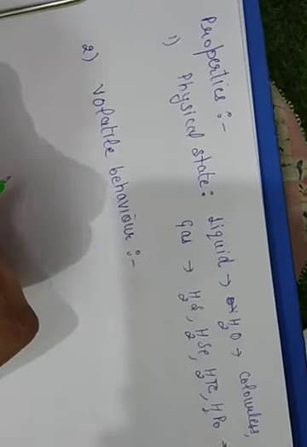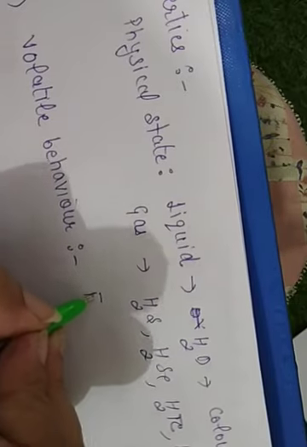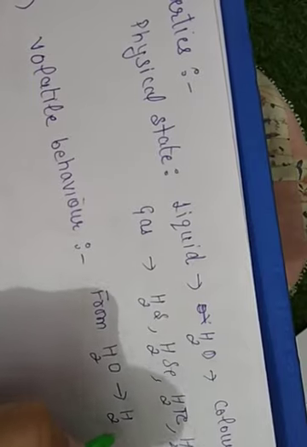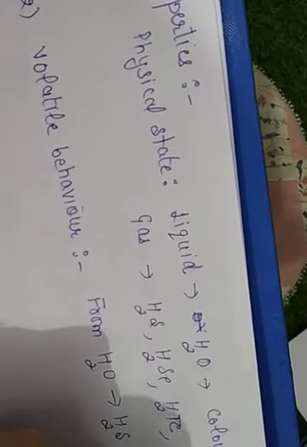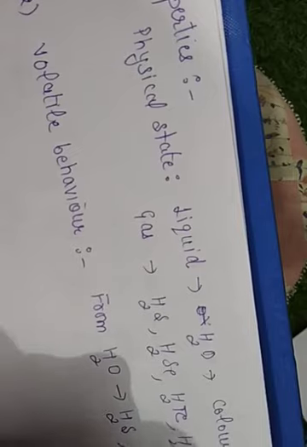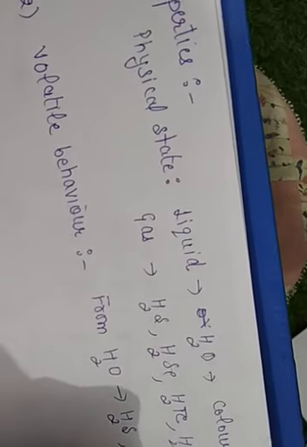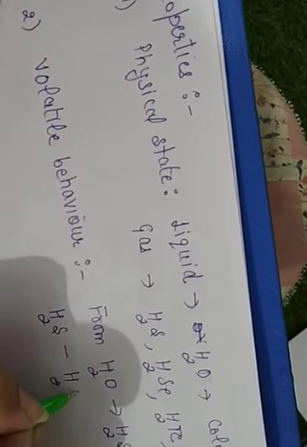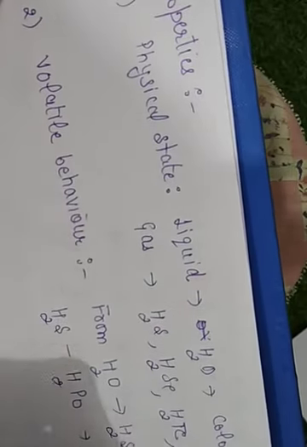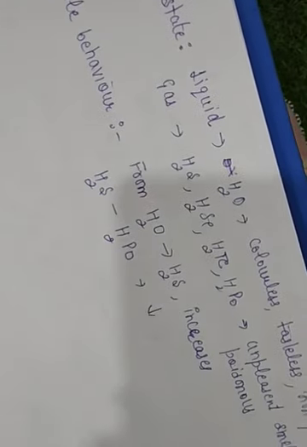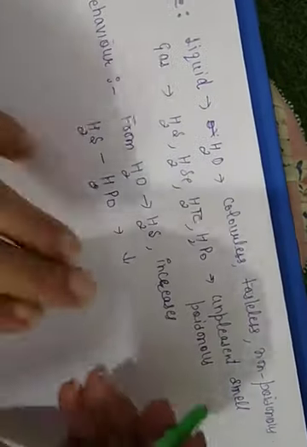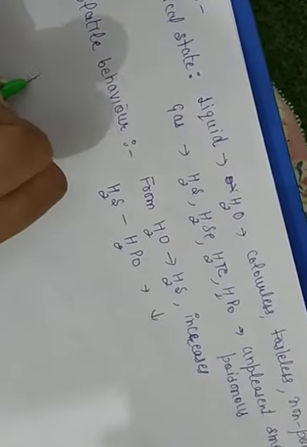So this volatility, from H2O to H2S, volatility increases, and after H2S to H2Po it decreases. Why is this so? It depends upon the interaction of the molecules.